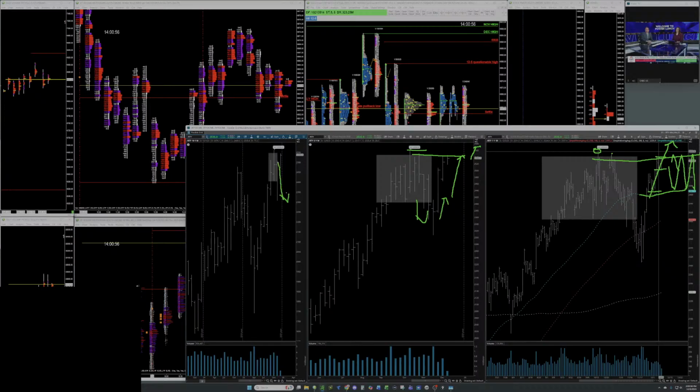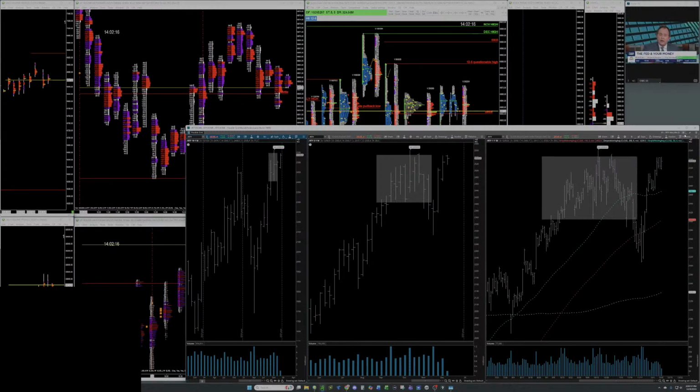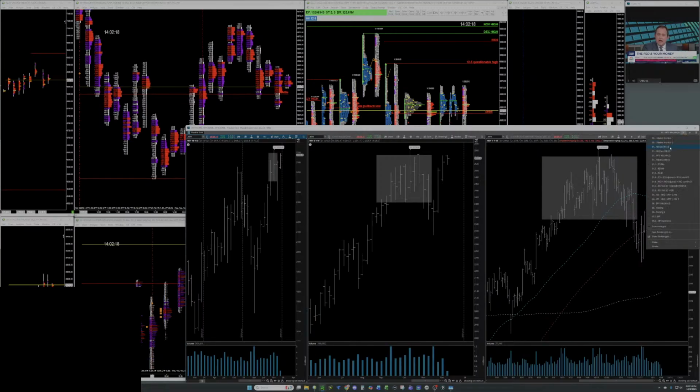It's a pullback of this upside trend. It's a first pullback, another pullback here. I think this market doesn't look bad really. It has better odds than the other two to make an all-time high, better odds than Nasdaq certainly.